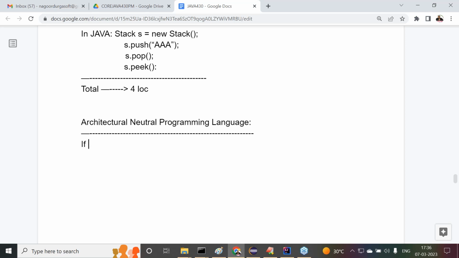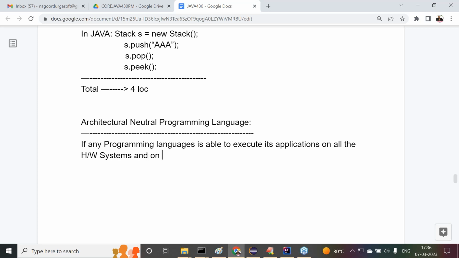Got it or not? The point is, if any programming language is able to execute its applications on all the hardware systems and on all the operating systems, then that programming language is called what there?